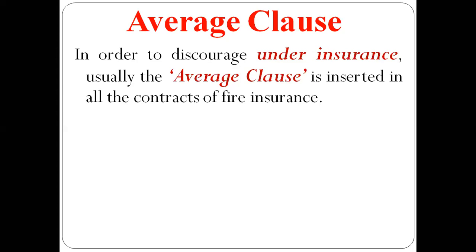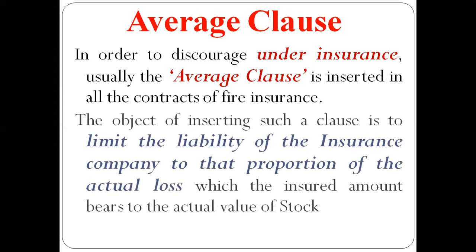Why are we doing this? To discourage underinsurance, right? So the object of inserting such a clause is to limit the liability of the insurance company to that portion of the actual loss, to the extent of policy value. Actual loss, whatever incurred, will be paid by the insurance company, not more than that.